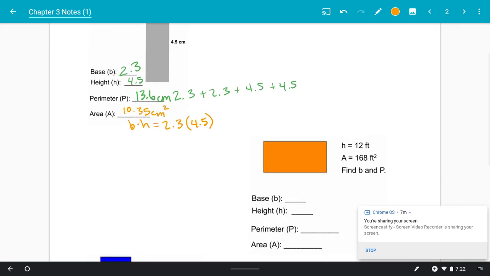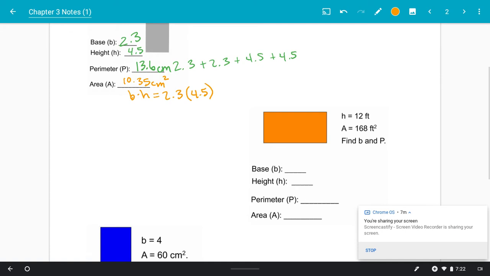All right, this is where we get a little bit tricky. So they gave us some information here. They say the height is 12, so we put a 12 here. Then they say the area or the inside is 168. So this is 168 feet squared.